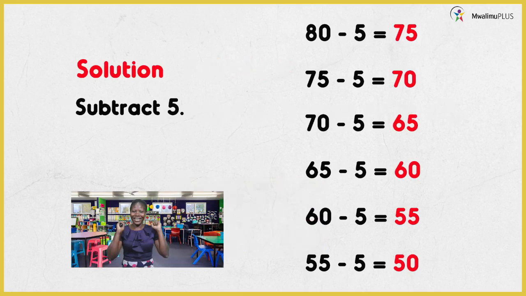Wow. Just check the way you've been doing your work. That is how you have done it. You see? So counting backwards means that you subtract 5 because we are counting backwards by 5. So these numbers are reducing. Therefore, we can say when we count backwards from 80 to 50, we are going to have these numbers: 80, 75, 70, 65, 60, 55, 50. Wow!